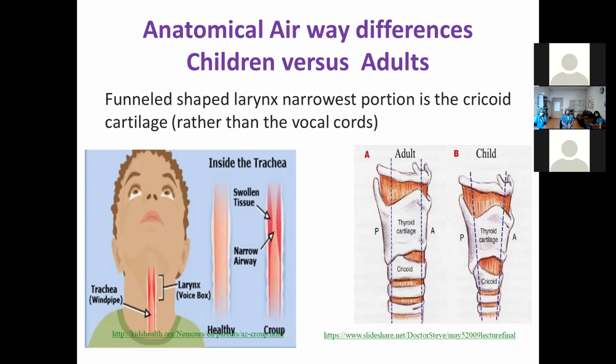And the narrowest area is around the vocal cords and cricoid. That in itself has very significant implications if there is any inflammatory process around the narrowest portion of the airway, right? If there is any swelling, it predisposes to significant airway obstruction.